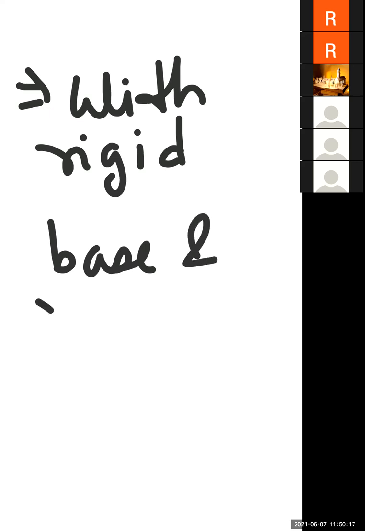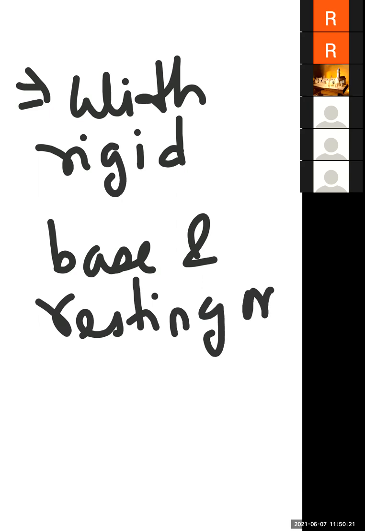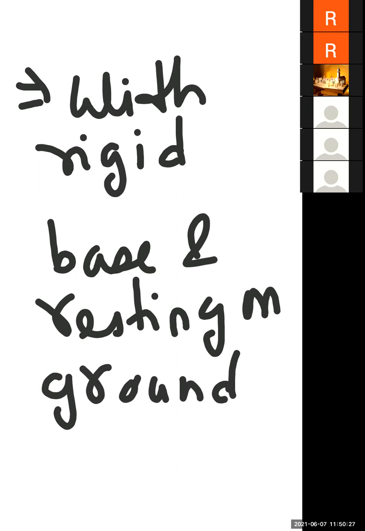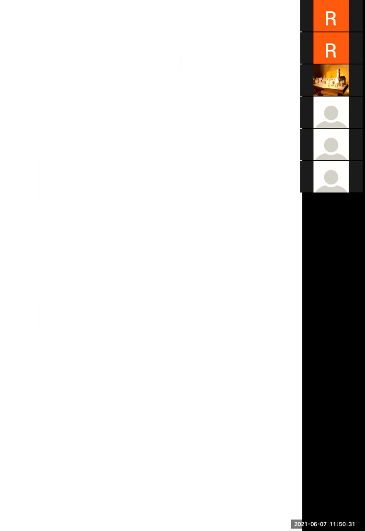In that case only, I again repeat, we use four different methods here. Number one is Reisner's method.